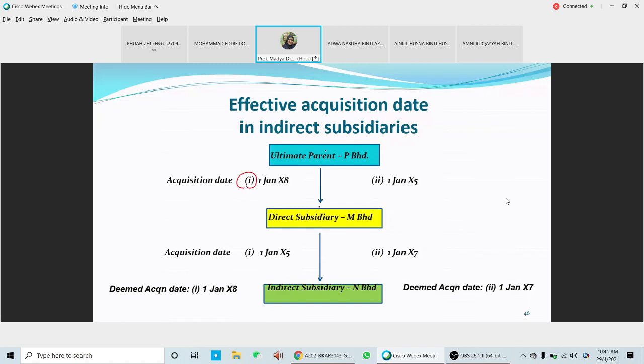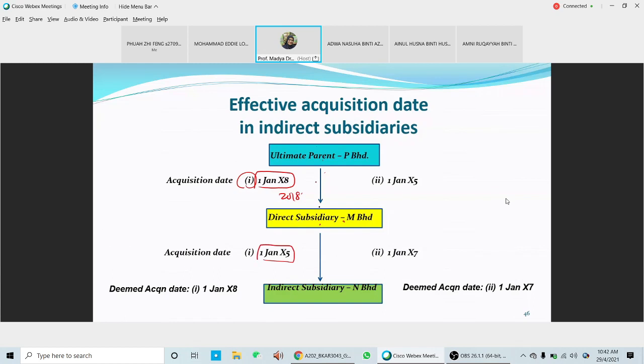We have the ultimate parent here. So this parent acquired M on 1st of January 2018. Assume that this one is 2018. When parent acquired M in the year 2018, M already had N as a subsidiary, in the year 2015.